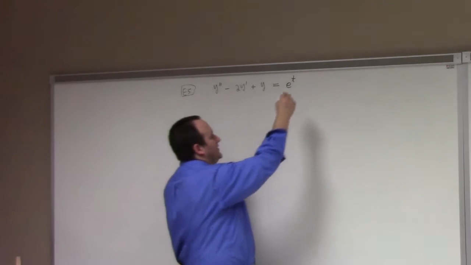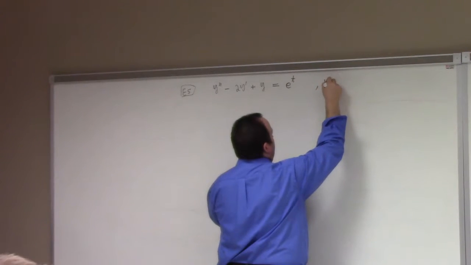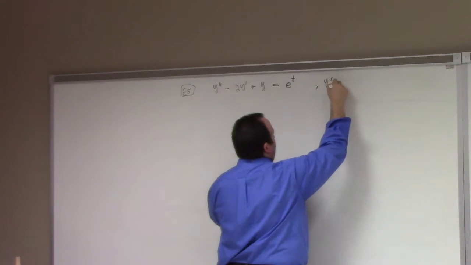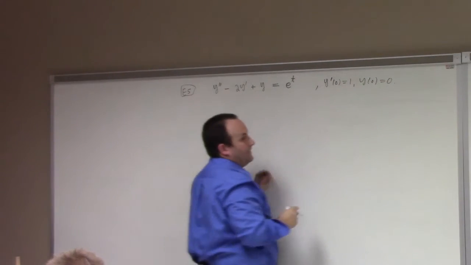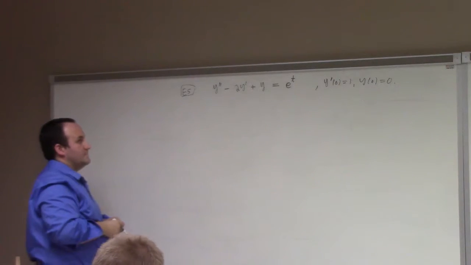And to keep life relatively friendly, we'll let y prime of 0 equal 1, but y of 0 will be 0. Solve.